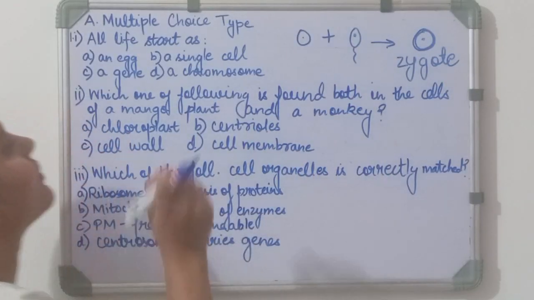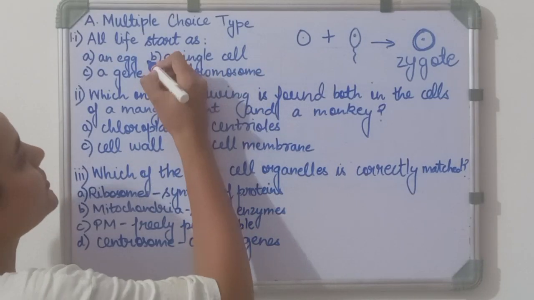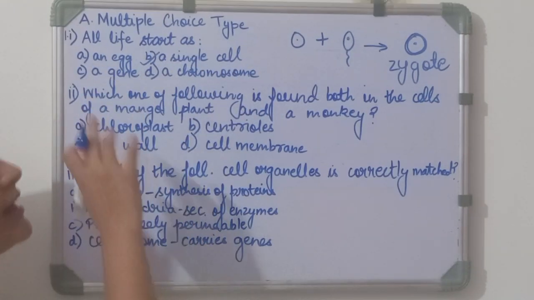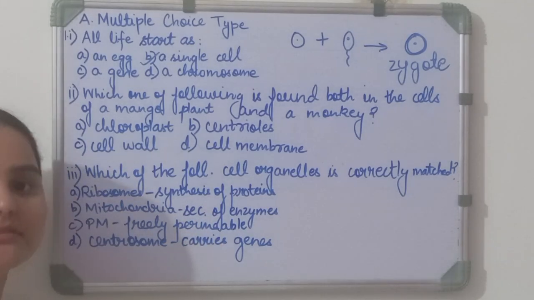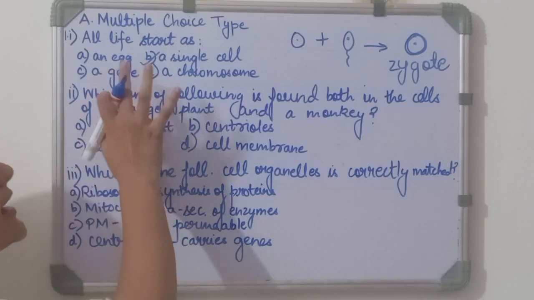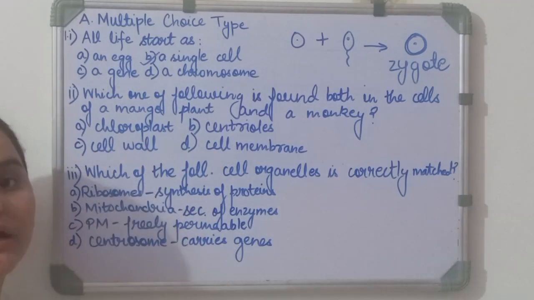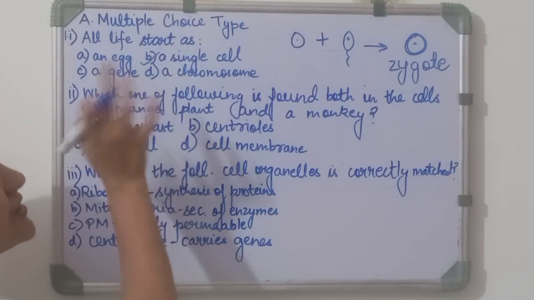Okay? So, for this question, the correct option is option number B. A, egg. An egg cannot always form an organism, okay? In few cases, it forms, but not in all the organisms an egg forms a complete individual, okay? Now, option C is a gene.